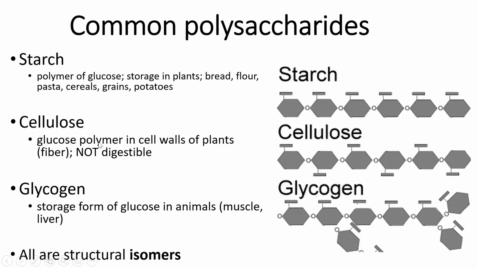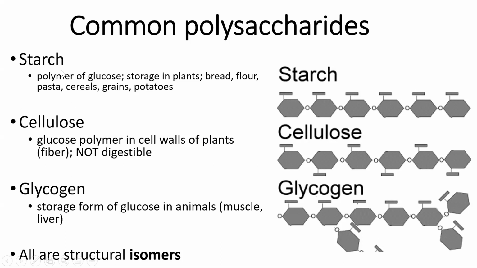Cellulose is a glucose polymer found in the cell wall of plants, and it is fiber. It's not digestible. We as humans do not have the enzymes to break down cellulose. And finally, glycogen. Glycogen is the storage form of glucose in animals. So we find it in us, in our muscles and in our liver.